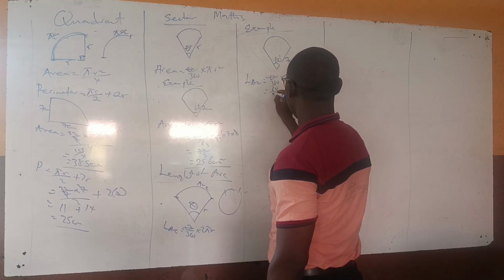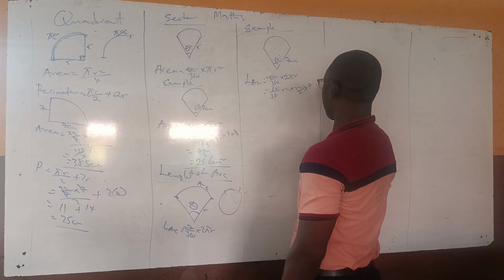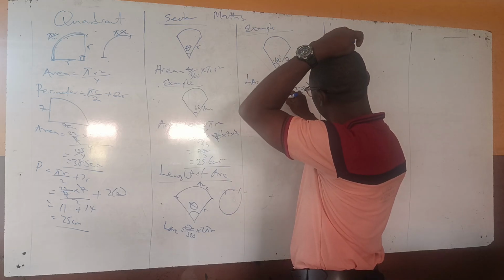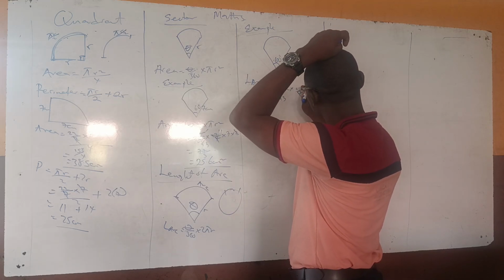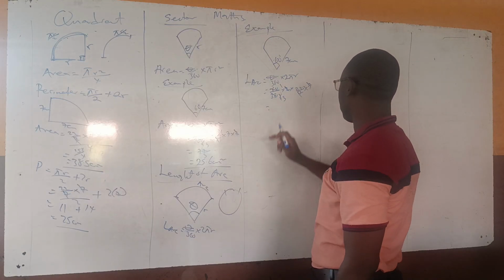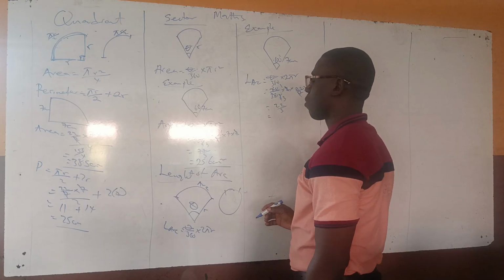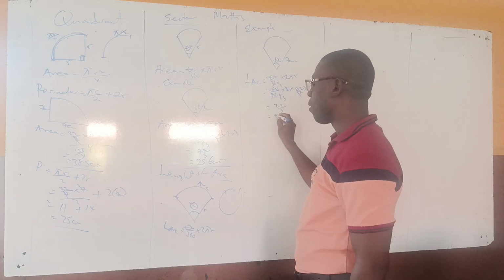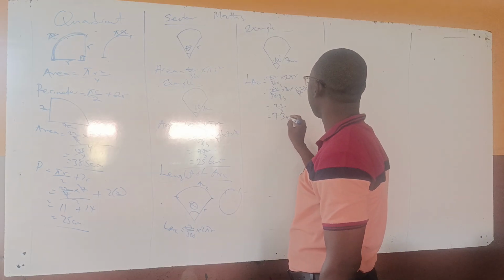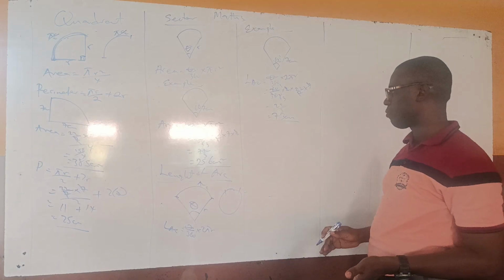That is what? 60 over 360 times 2 times 22 over 7 times 7. Cancel this. 2 cancels 2. 3 over 22 over what? That's what? 7.3 centimeters. That's the length of arc.